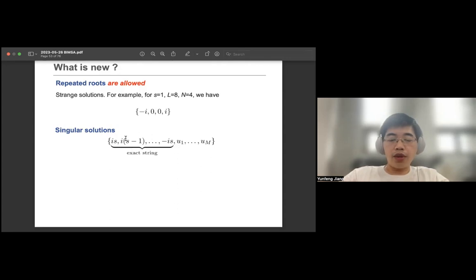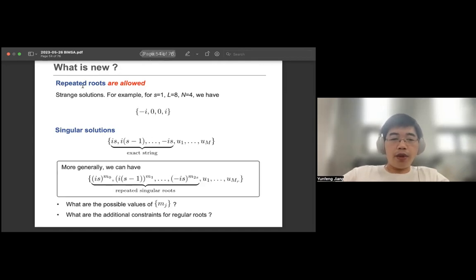So you have the usual case. It should involve some 2S plus 1 string. Namely, you have solutions that form an exact string, from iS to minus iS, and each root differs by i.